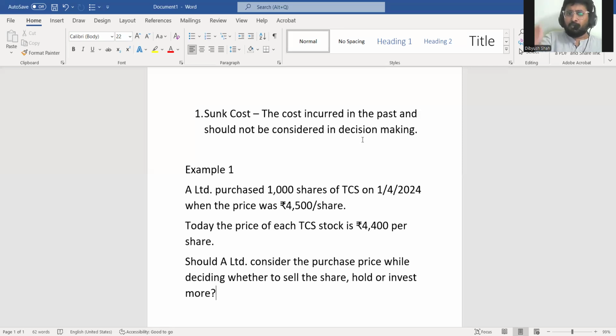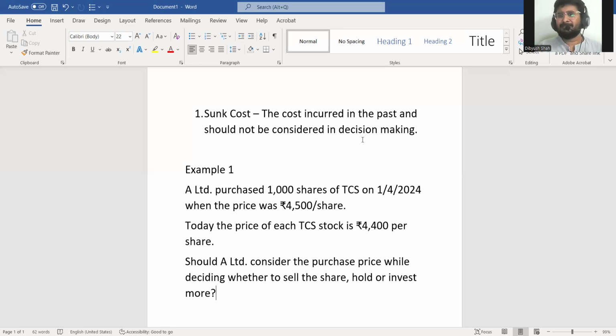Accounting will calculate the profit or loss because of your decision on whether you want to sell, hold, or buy more. But finance is when you are making that decision. So finance has no place for sentiments. You cannot hold on to this share just because you think you are making a loss today. Maybe your loss will only increase.